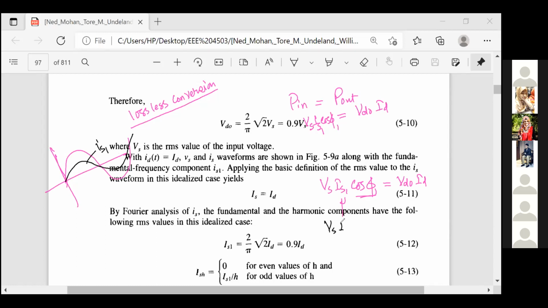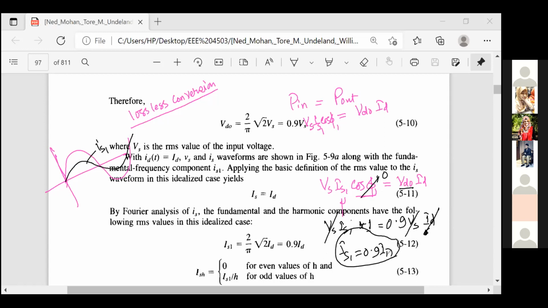So VS IS1, and we have already got cosine phi 1 as 1. And this VD0, we have already got 0.9 VS, and this is your ID, right? So VS cancels, and IS1 is coming as 0.9 ID.